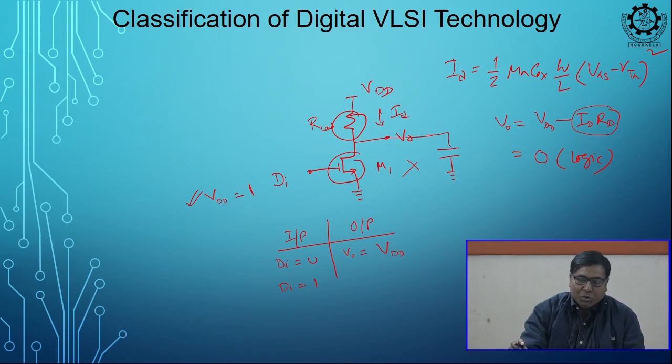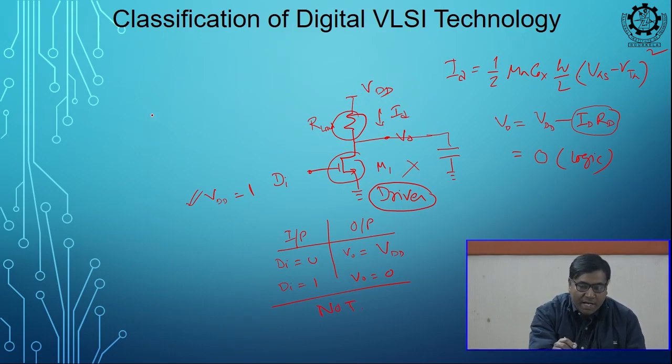In this case, this NMOS is your driver, your main transistor, which defines your output logic. And if you look at the input, this is behaving like which gate? NOT gate. So, this is your inverter or NOT gate.